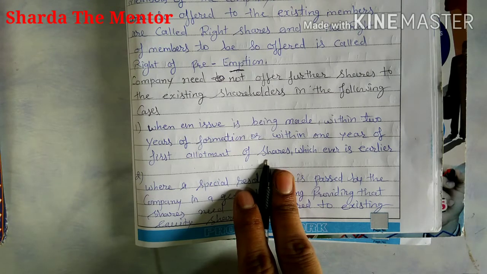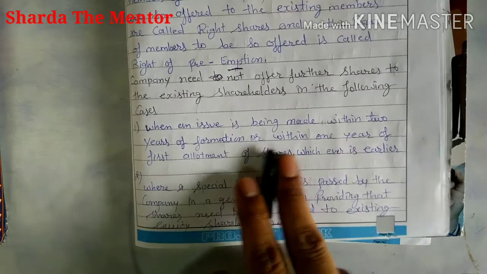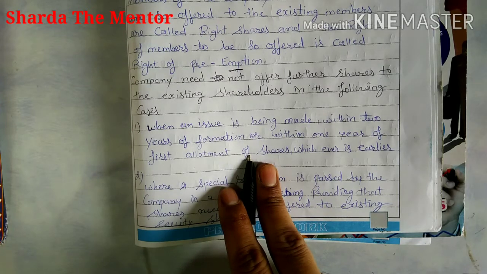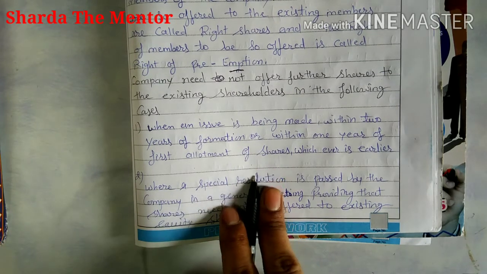And if it is within the time period of 2 years after the formation of the company, it is not necessary for the company to issue shares to the existing shareholders. So that is the first condition.